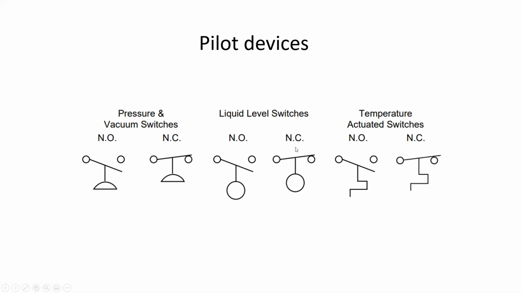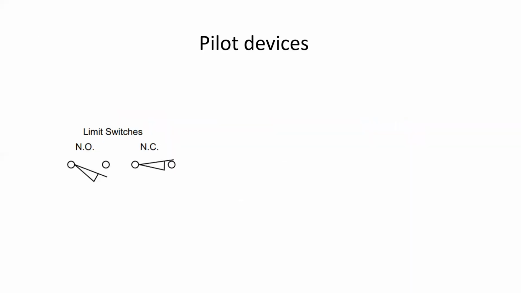Increase in liquid level, this one will open. Increase in temperature, this one will close. Increase in temperature, this one will open. So it's important to understand that the operation of the pilot device is consistent with an increase in value, and they simply move in the direction that we would then anticipate physically on the schematic symbol itself.